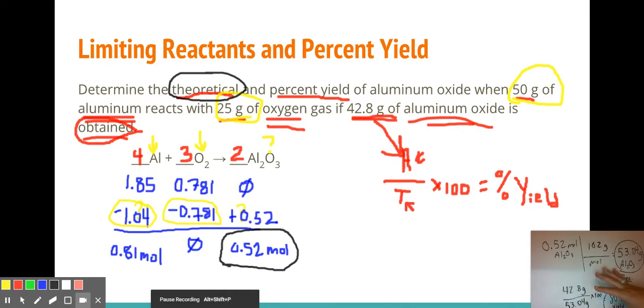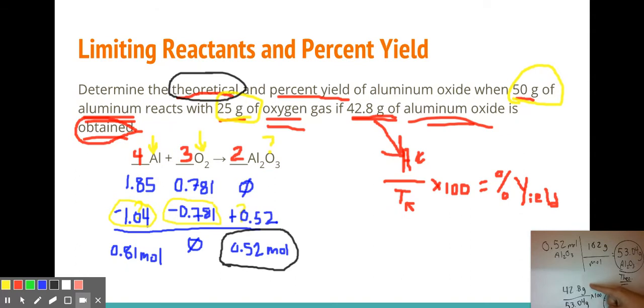So over here on my whiteboard, here is my work. I took the 0.52 moles, converted that to grams. The molar mass is 102, and I found that there's 53.04 grams that theoretically should be produced of the aluminum oxide. So remember, my calculated value is my theoretical yield. Now to figure out my percent yield, I'm going to take my actual value, which is what's obtained, what's given to me.